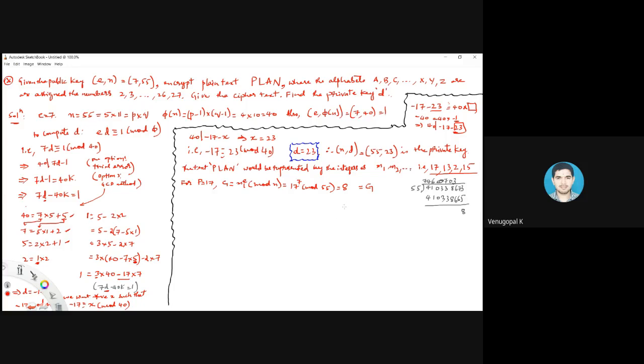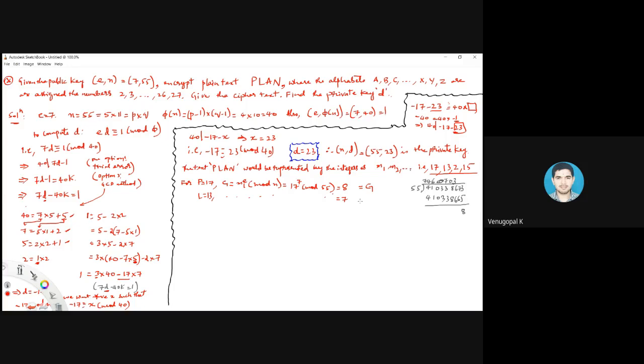Similarly, when you calculate for the next letter, what is it? We have L. What is the number for L? We have 13. And when we perform all this, we end up with the value 7.